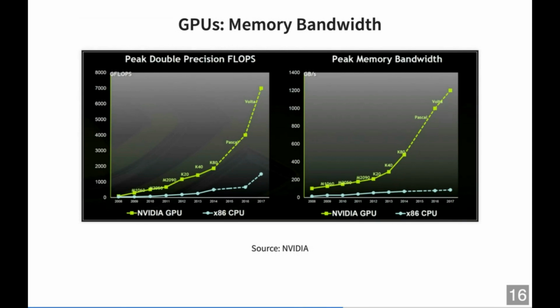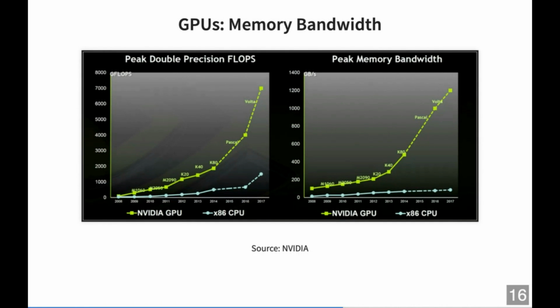And even given some caution that this is an NVIDIA picture, we can see here on the right that the increase in peak memory bandwidth on the CPU is really rather flat compared with that which has taken place in the GPUs.